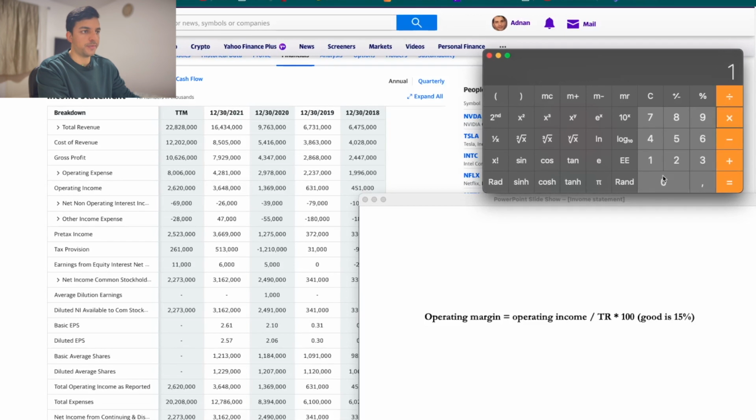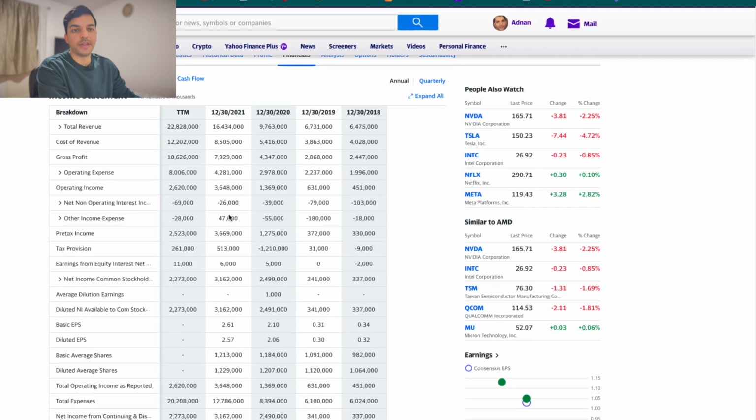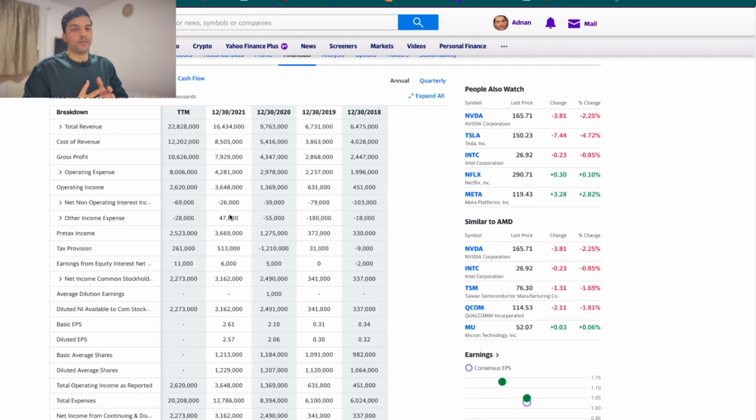Multiply by 100, so 22% is the operating margin of AMD. Normally 15% is considered good, and above that is even better. It means the company is able to make a lot of income on its operation, which is a very good thing for any company.